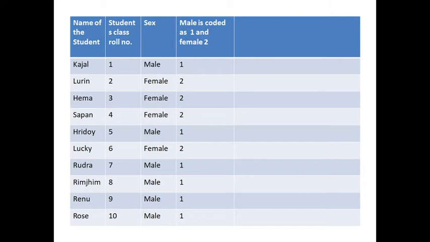Here again I am telling you that 1, that is male student, is not indicating that male is superior to female. Okay, so this is only for classification. The code 1 is used for male and 2 is used for female. Now this helps in statistical application if numbers are used for the characteristics possessed by the objects.